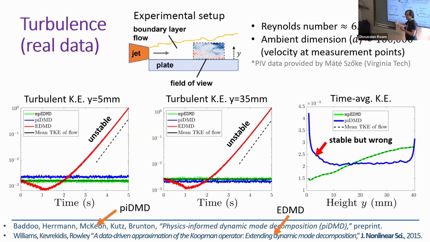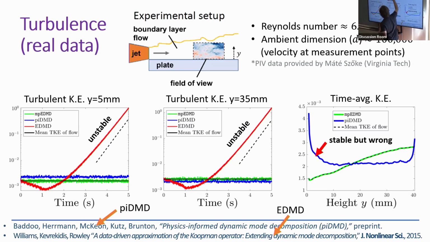Okay, so remember we had to be careful about the measure that we're preserving, and EDMD. Okay, and I'm looking at the mean turbulent kinetic energy of forecasts. Okay, so forecasts of unseen data at different y. So y is the height above the plate. So you have an inhomogeneous flow because of this plate. So you get different statistics at different heights above the plate.